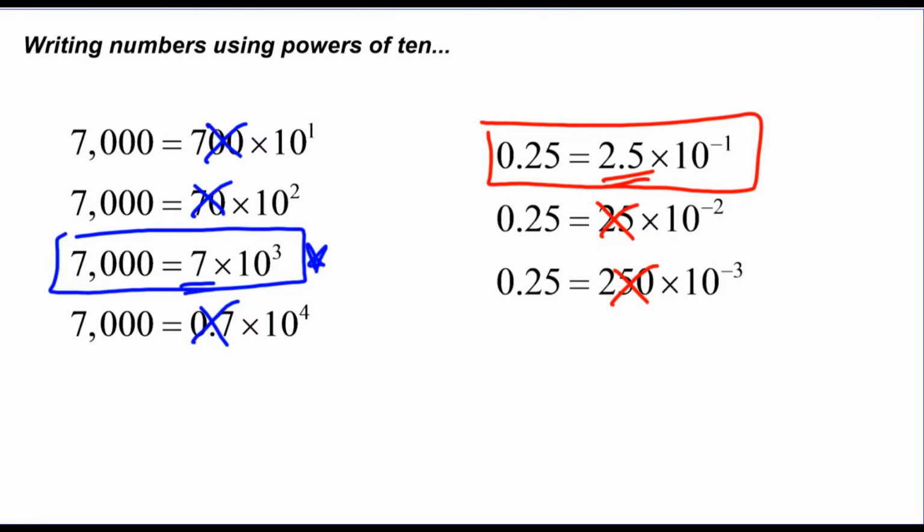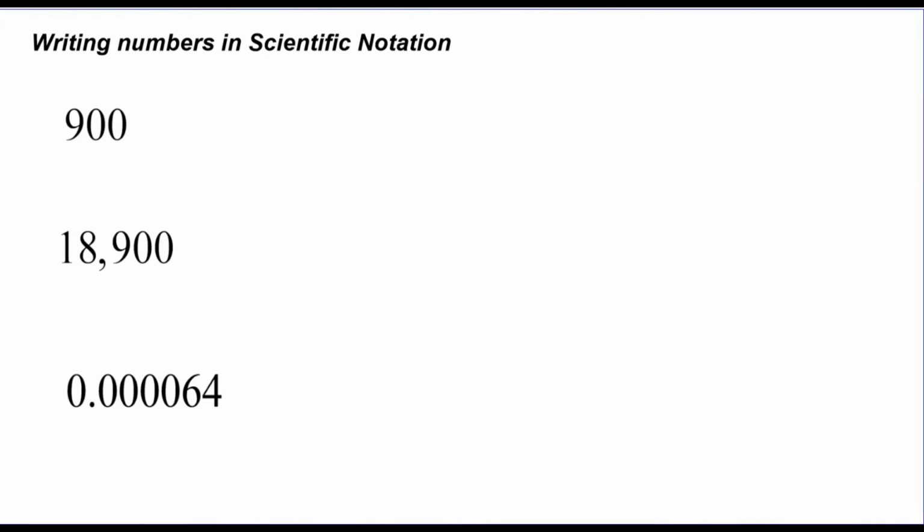So we have to write our scientific notation in a very specific way. We have to make sure that that factor is between 1 and 10. So let's practice here. I've got some numbers, a couple large numbers and one small number, and we're going to write these as a factor from 1 to 10 times a power of 10. So 900, where would I have to place my decimal in order to make this number between 1 and 10? Well, I'd have to place it right here to make it 9.00.